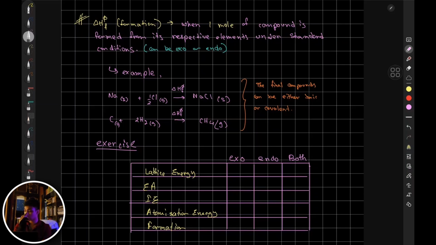By the way, enthalpy change of formation can be either endothermic or exothermic, because let's say you're forming ammonia. I don't know if ammonia formation is an exothermic or endothermic process, but let's say it's an endothermic process.